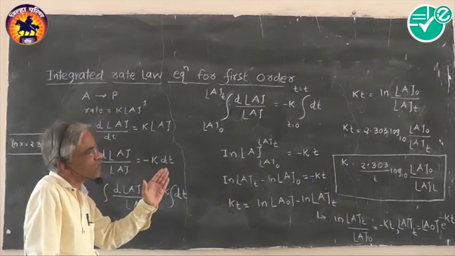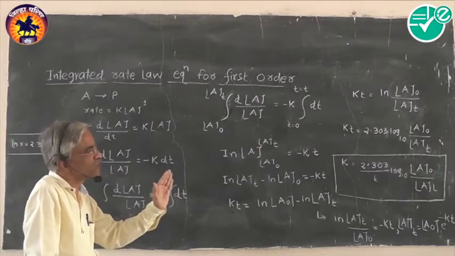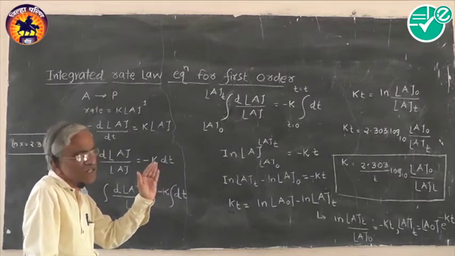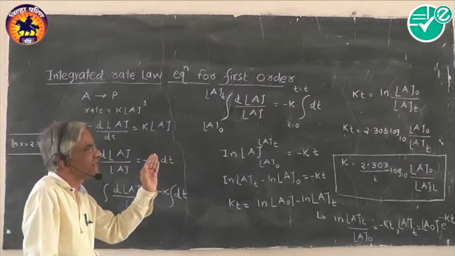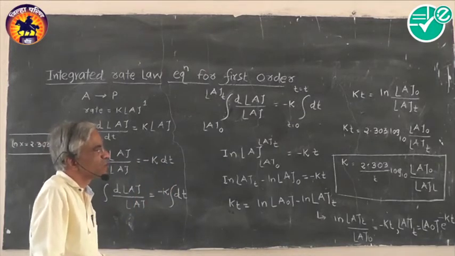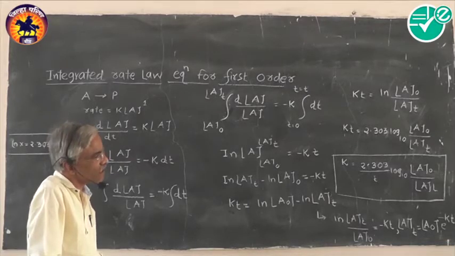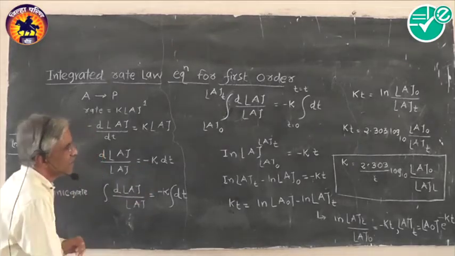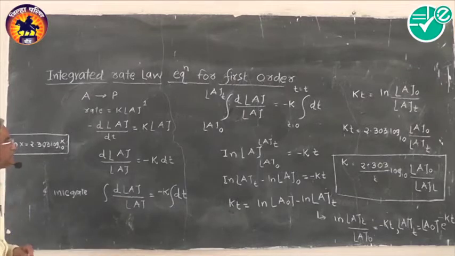Suppose we want to calculate the time required for 80% completion of the reaction, then that can also be calculated using the equation k equal to 2.303 upon t log to the base 10 of A0 upon At. For that purpose, we will consider a few numericals after the derivation of this equation.